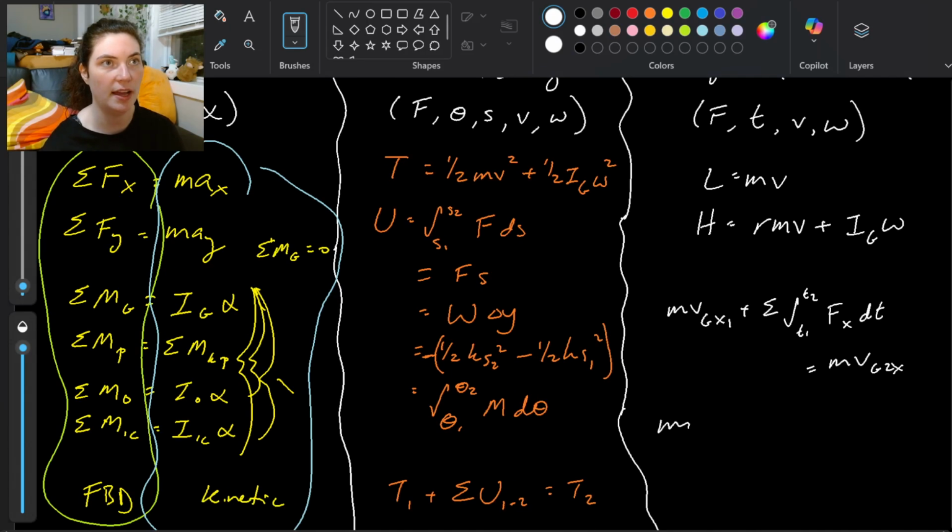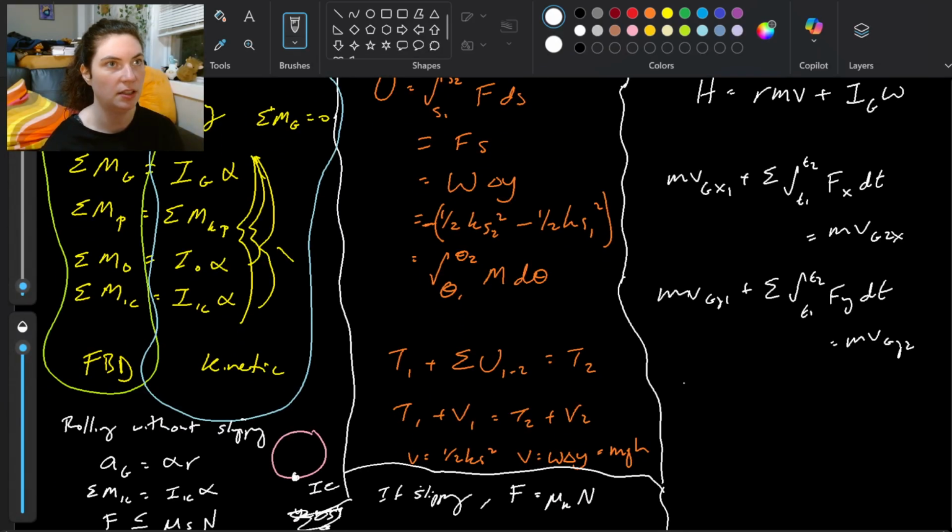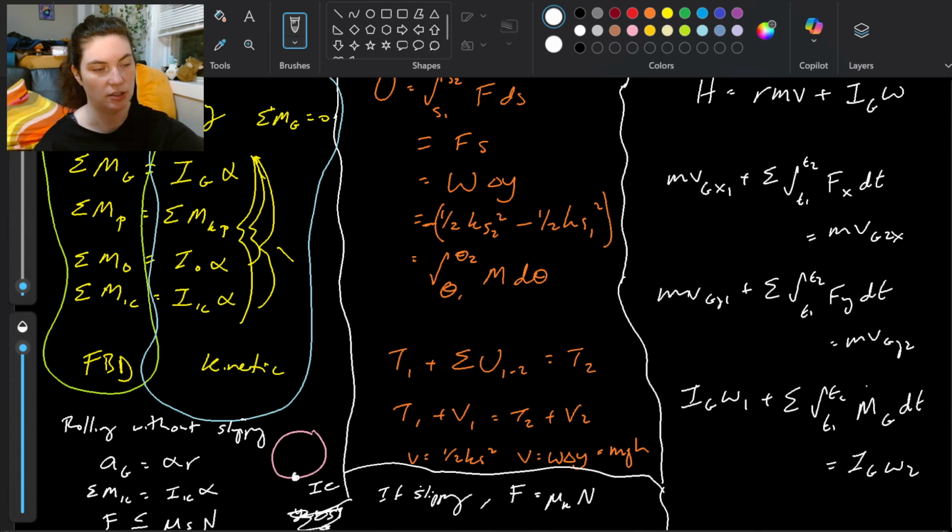And we have the same for the y: m v_Gy1 plus the summation integrated from t1 to t2 of all of our y forces dt equals m v_Gy2. And in combination with that, we had our angular setup. So that was I_G omega 1 plus the summation from t1 to t2 of all of our moments about G, right? All of these need to be the moments of the same point. M_G dt equals I_G omega 2. Those are for our angular velocities, our angular momentum there.